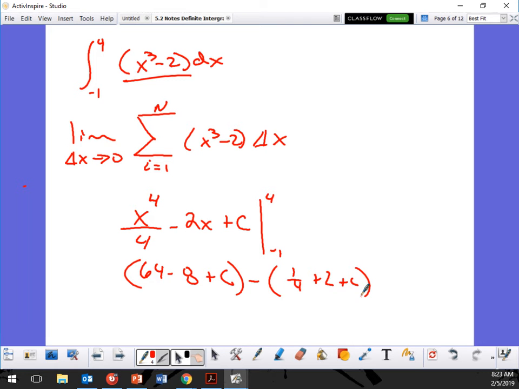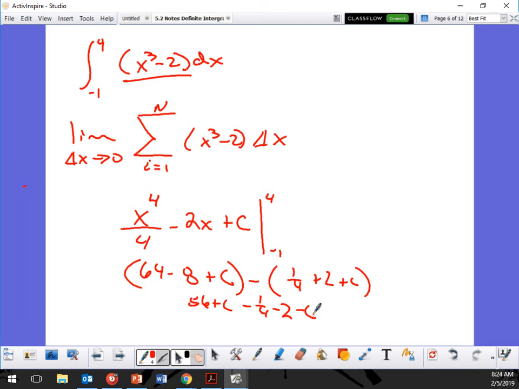So when I'm subtracting my lower bound, I have to distribute the negative. So now that's going to give me 56 plus c minus 1/4 minus 2 and minus c. The plus c and minus c go away.